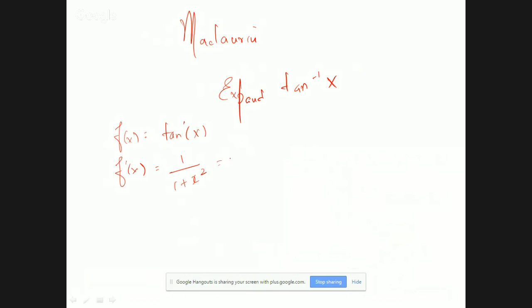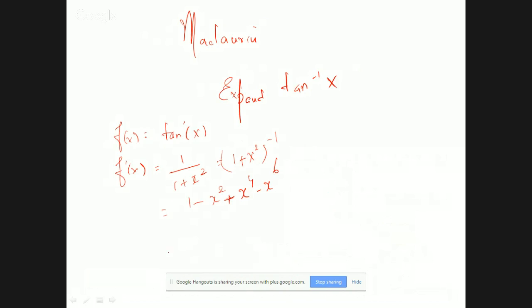Now we can also write (1 plus x square) to the power minus 1. Now we have to find subsequently f double dash of x. So we can also write this as 1 minus x square plus x power 4 minus x power 6.